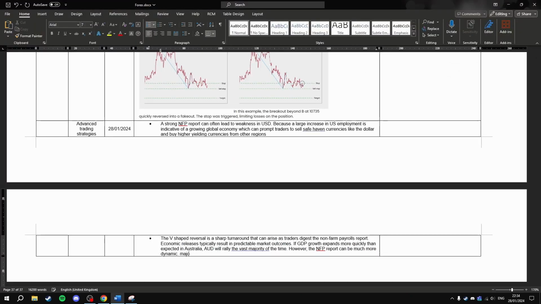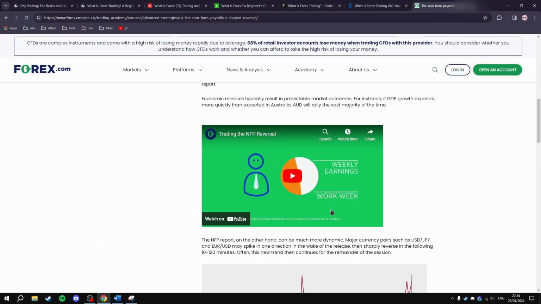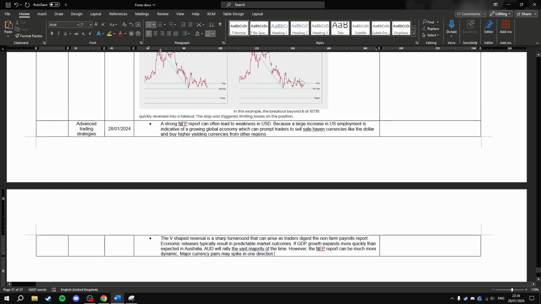So major currency pairs may spike in one direction, oh no, after the release. After the NFP.